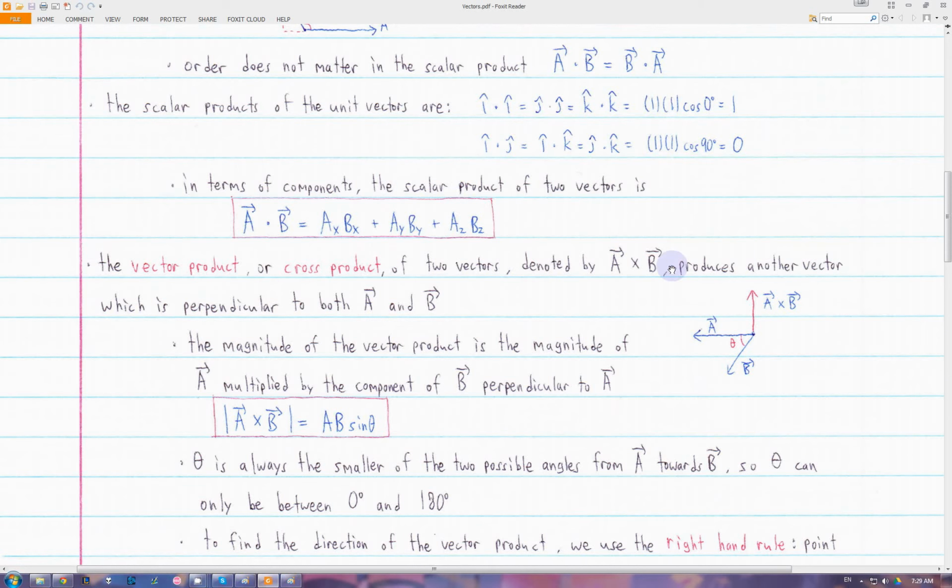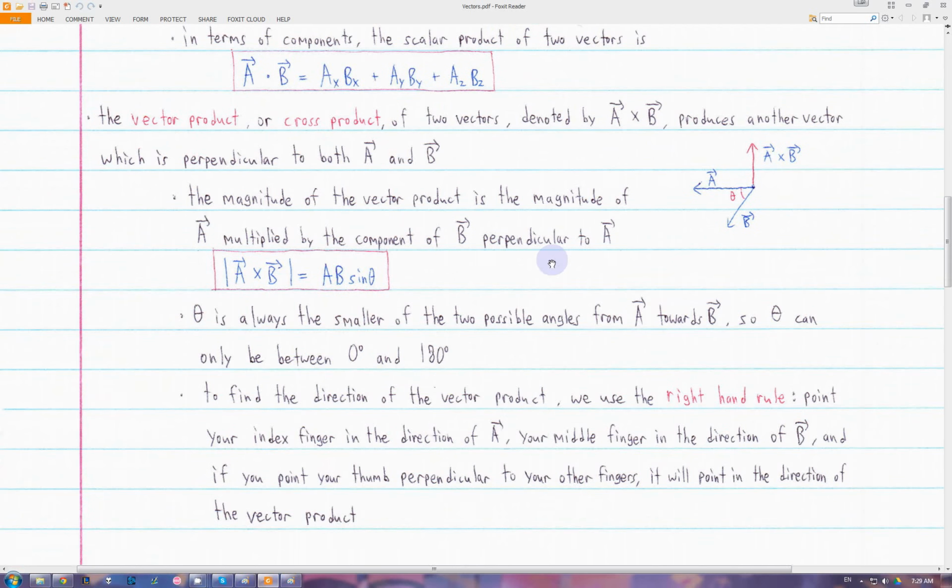And instead of producing a scalar quantity, this produces a new vector, which is perpendicular to both A and B. So to find the magnitude of the vector product, it is just the magnitude of A multiplied by the component of B which is perpendicular to A. In other words, AB sine theta, where theta is the angle between A and B. And also, unlike the scalar product, when we're doing the vector product, theta is always the smaller of the two possible angles between A and B.